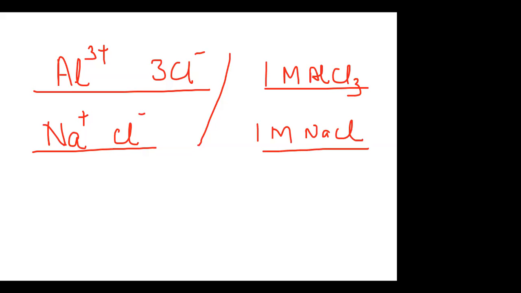But if you take the gram equivalent of AlCl3, you know the molarity, normality concept. So if I am taking 1 gram equivalent of AlCl3, then the amount of ions that will be furnished by AlCl3 will also be equal to 1 mole. That is, the number of electrons that will be furnished will be 1 mole.